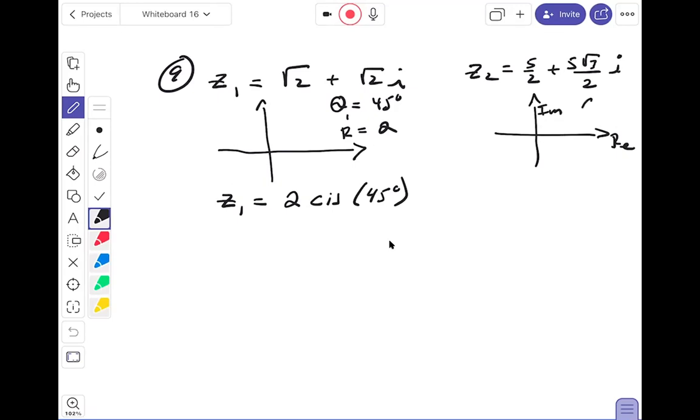So I'm going to say theta 2 is 60 degrees. All right, real simple stuff. Let's do our Pythagorean theorem now to find out what the r is. That's going to be 25 quarters plus 75 quarters. If I squared it right, that's 100 quarters. And if you took the square root of 100 quarters, you get 10 halves, or 5. All right, let me erase that work over there.